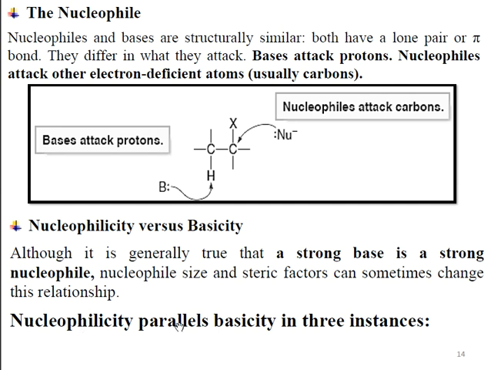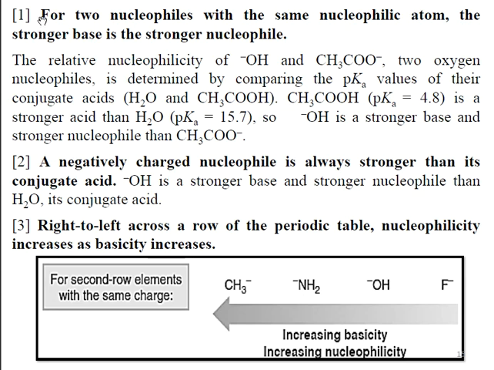And here, nucleophilicity parallels basicity in three instances. There are three important rules here. Number one, if you have two nucleophiles with the same nucleophilic atom, the stronger base is the stronger nucleophile.